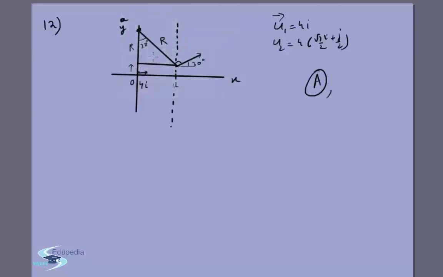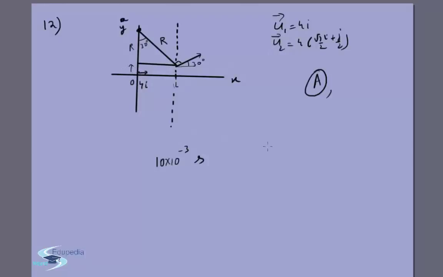There are many ways to calculate R. One of the easier ones is, we know that this time took 10 milliseconds, which is 10 into 10 to the power minus 3 seconds. And we know the speed is 4 throughout, the speed initially and finally are the same.